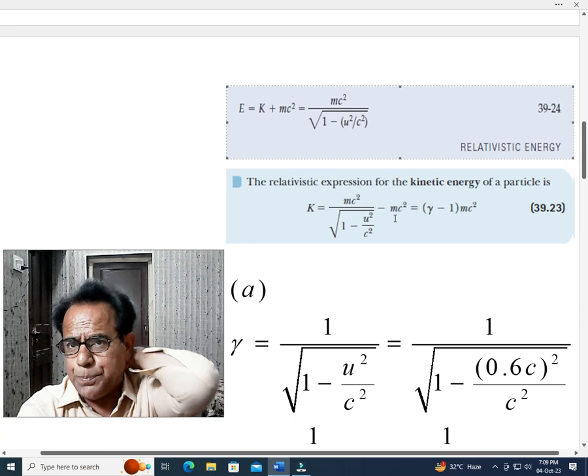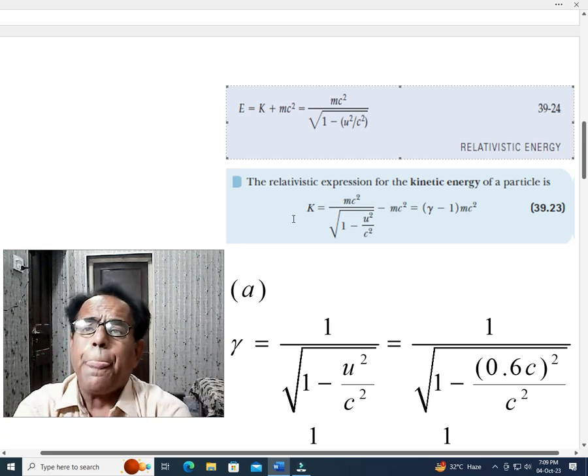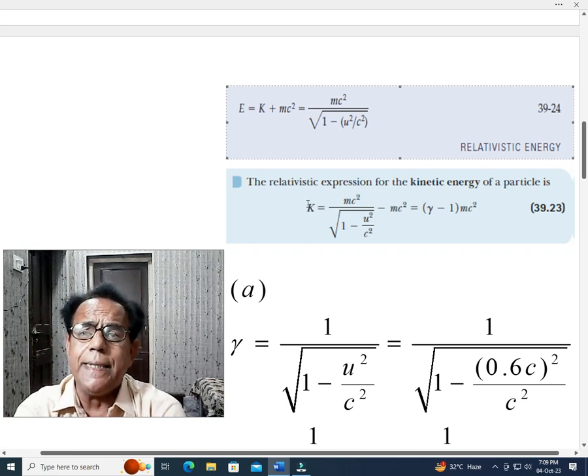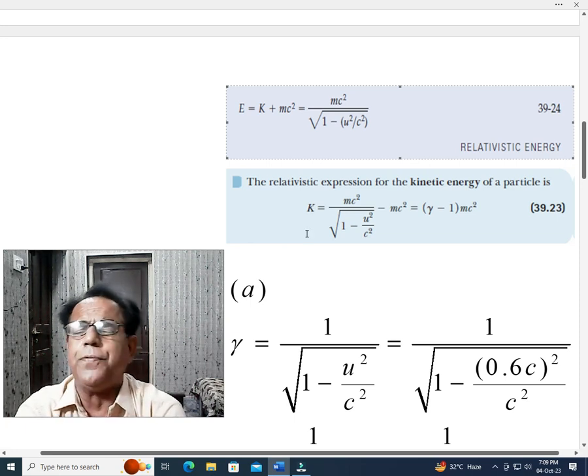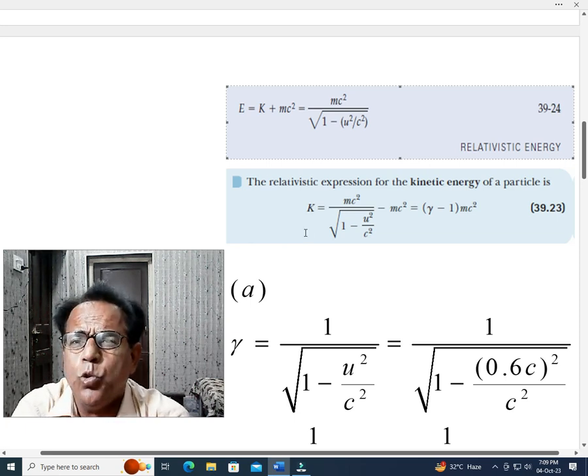Now we come to part D, which will be solved in accordance with the last snapshot. Last snapshot is this. Here, dear students, in place of kinetic energy we have used the symbol K, but in our statement EK, that is K written as a subscript of E, denotes kinetic energy. There is no difference between these two notations.